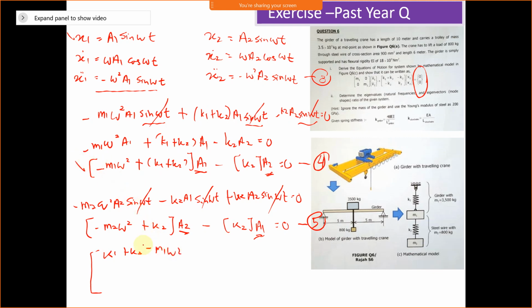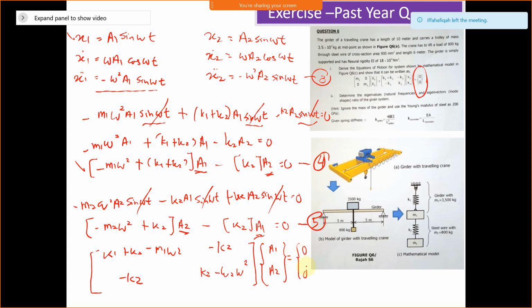Untuk 1, 2 kita akan ambil negatif K2, and then untuk A1 pula kita ambil negatif K2 sekali lagi, and last one kita akan ambil K2 minus M2 omega square, then we have A1, A2 equals to 0.